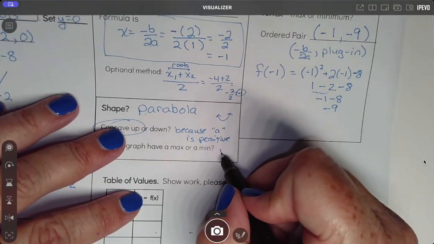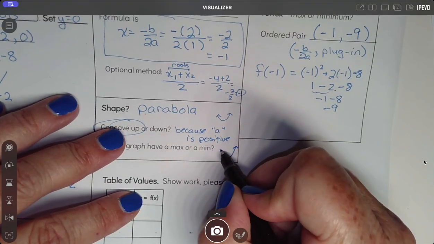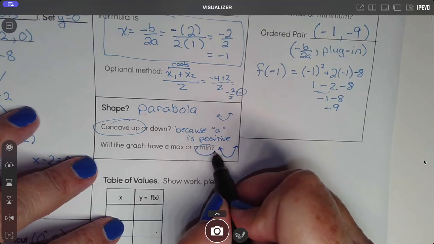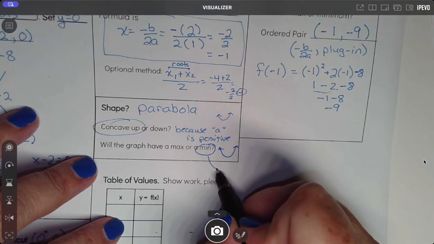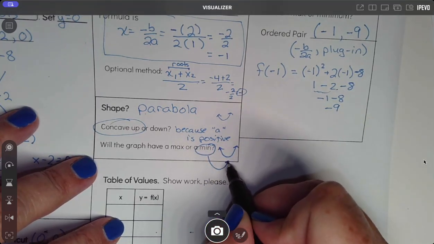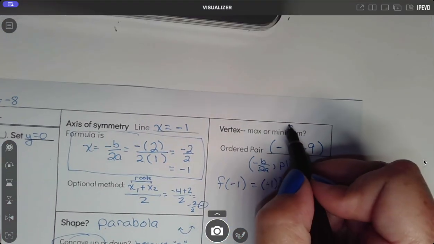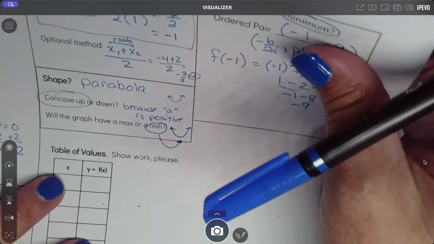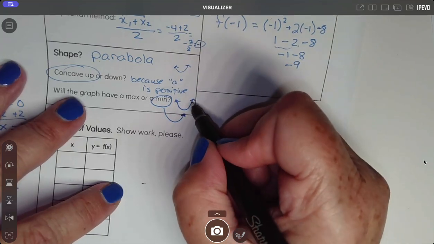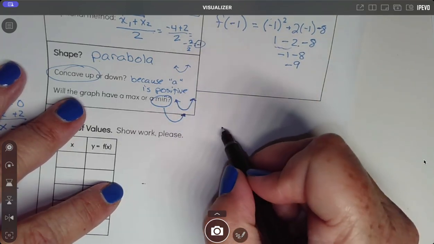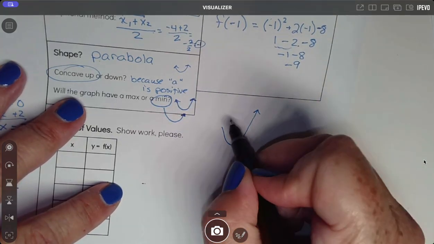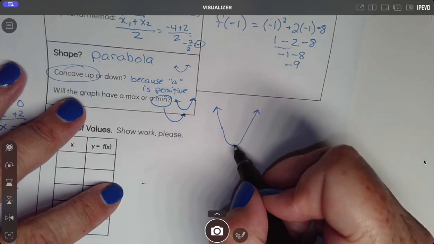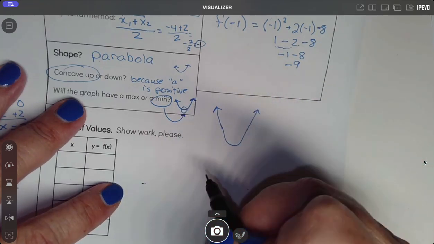And since we're concave up, that means our vertex is a minimum. It's at the bottom. This parabola doesn't really have a maximum value because these little arrows mean that it goes on until infinity. So it never maxes out. It just keeps going, but it does have a minimum value, and that happens right here.